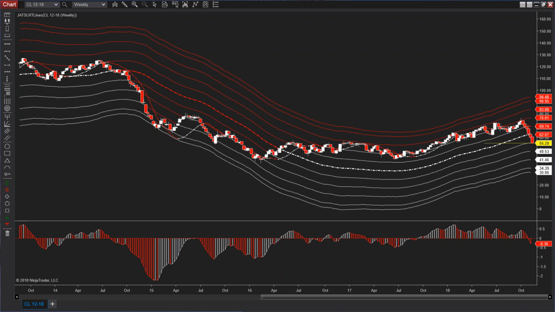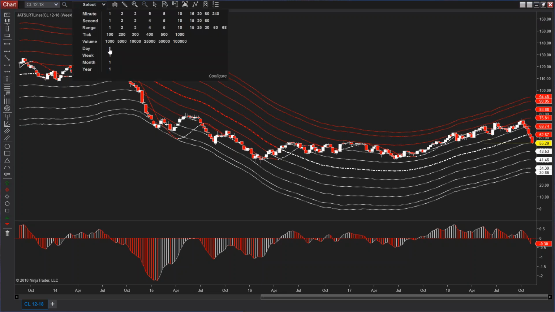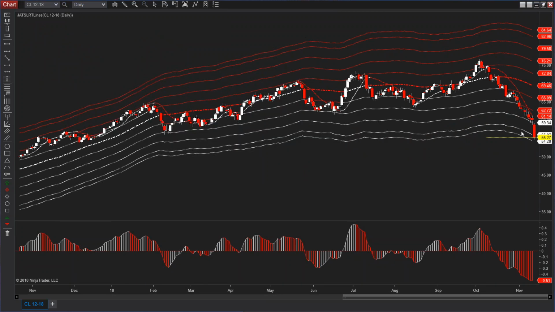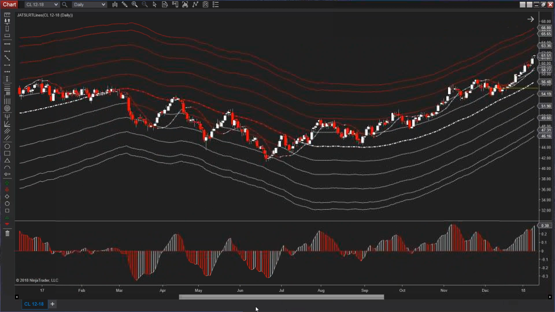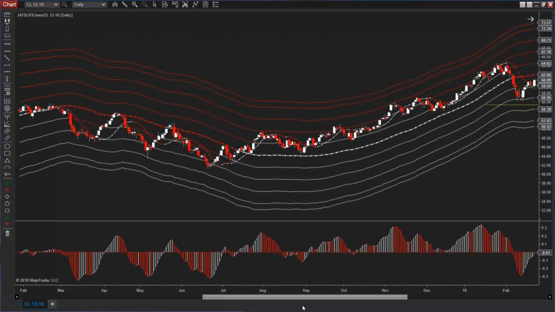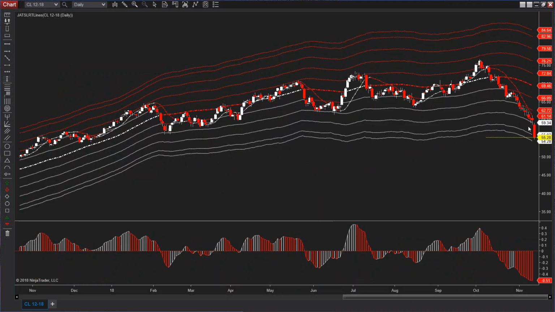But so let's take this down, just walk it down to the daily. And you can see that we're at the bottom of this range now, 54.28. Another buck down would be about all it would get before it's going to start rolling back in. This is way overextended. So I think it'll probably start bouncing back up level to level.